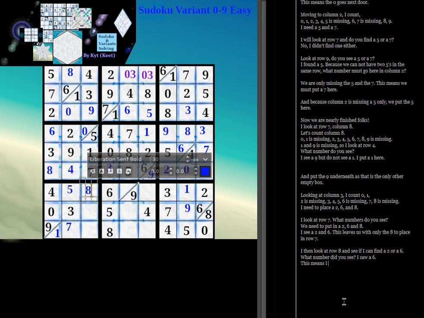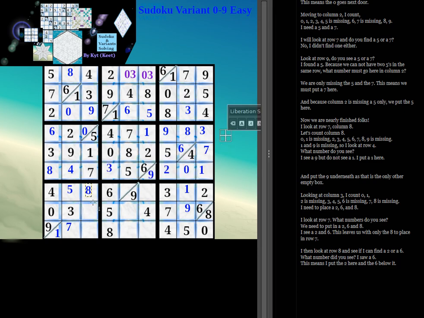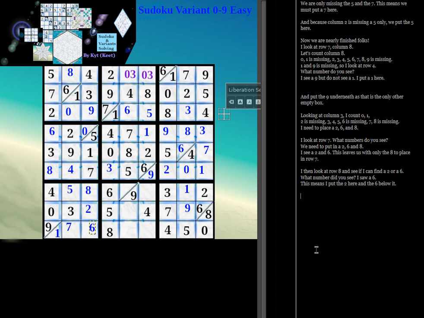This means I put the 2 here and the 6 below it. Now we have that 3x3 grid all done.